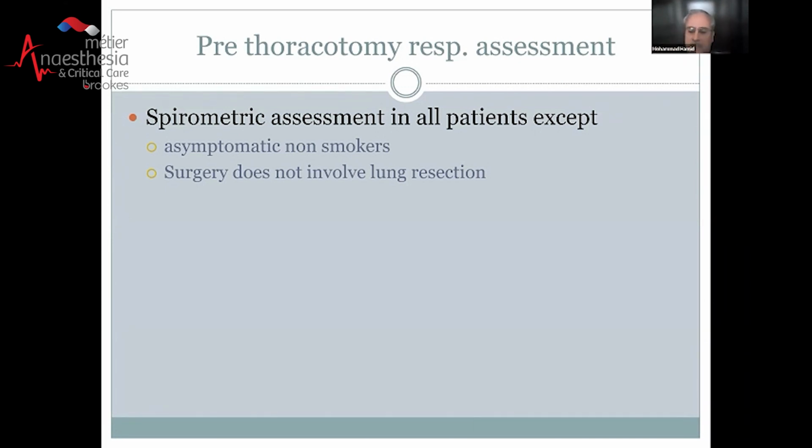Now, what about preoperative assessment of a patient who is coming for lung resection? So basically the spirometric test and all the tests are necessary, except in those patients who are asymptomatic non-smokers and the surgery does not involve lung resection, then the spirometric function is not really important.